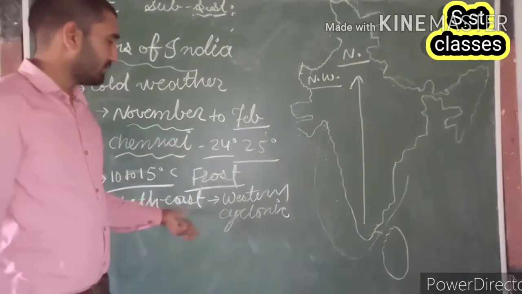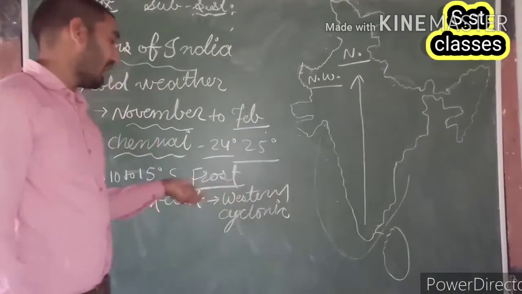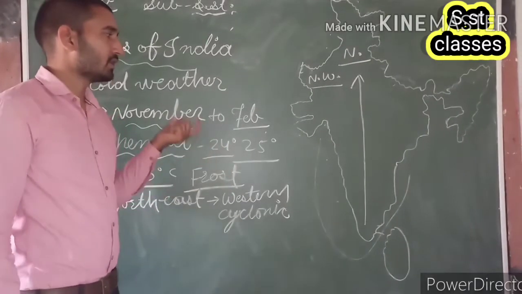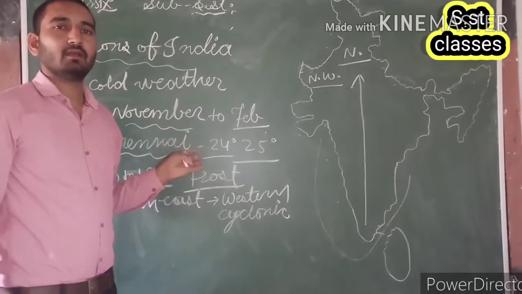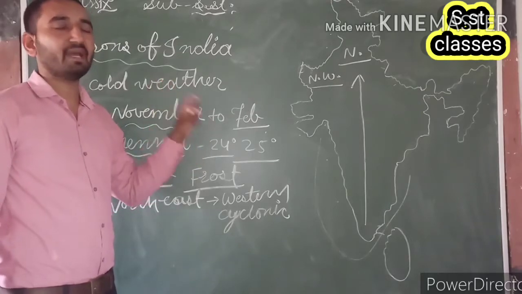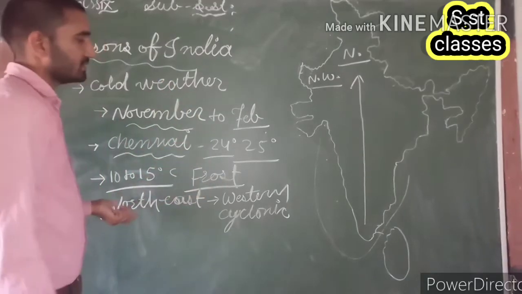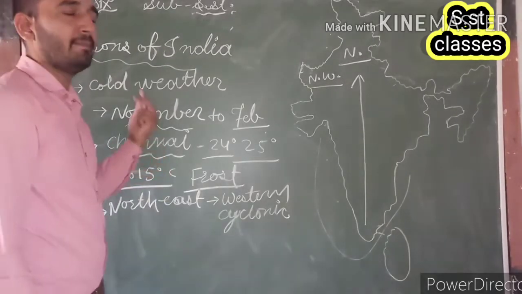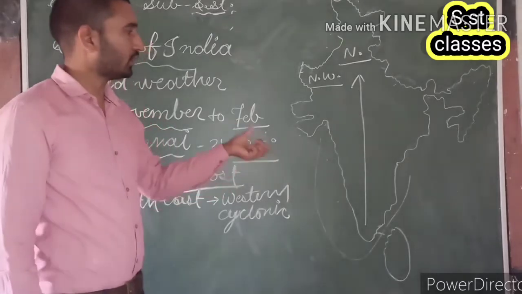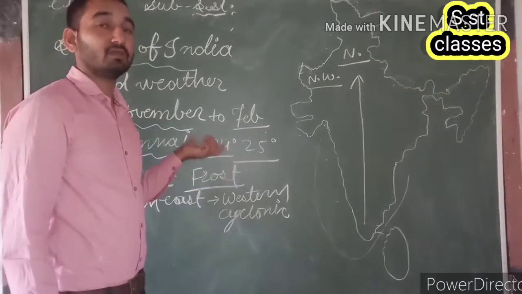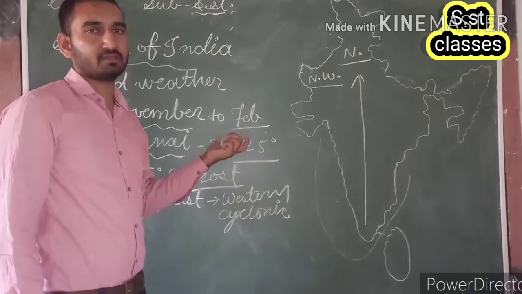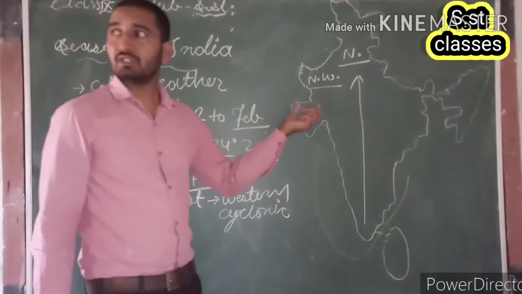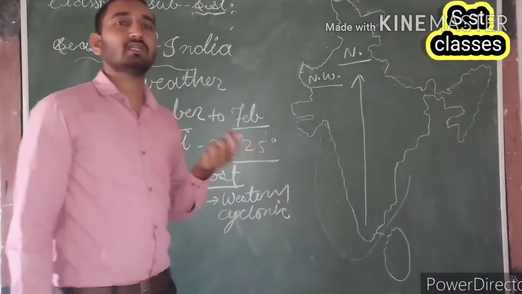These western cyclonic disturbances are generally caused by the pressure conditions in the Mediterranean Sea. That means these disturbances are caused by the western flow of winds blowing from the Mediterranean Sea. And because of these western cyclonic disturbances, the northwestern and northern part of the country receive rainfall.